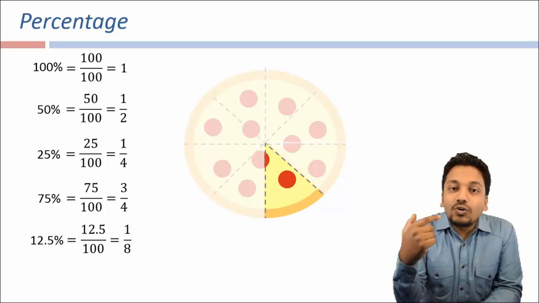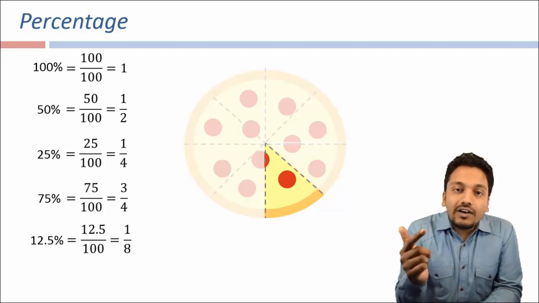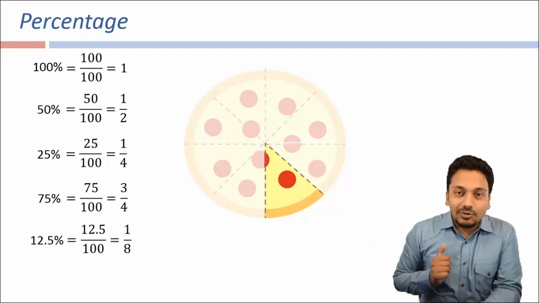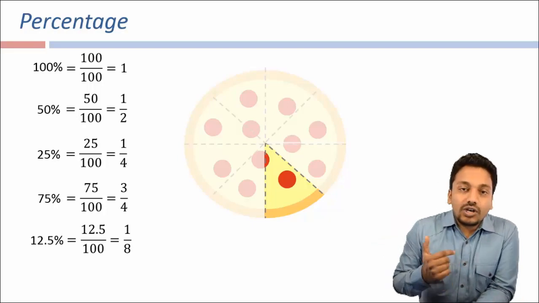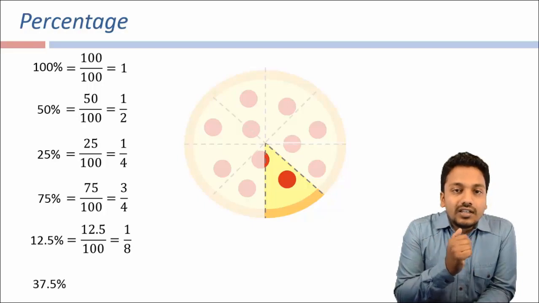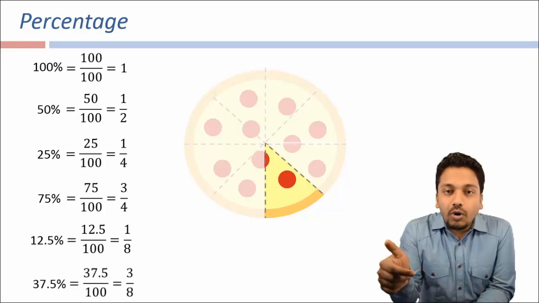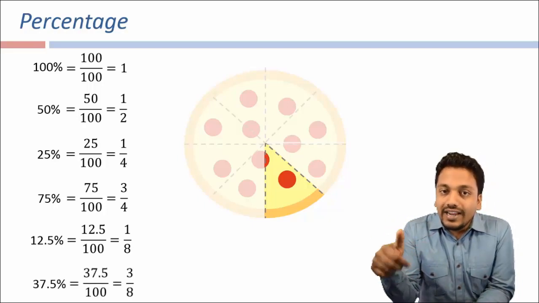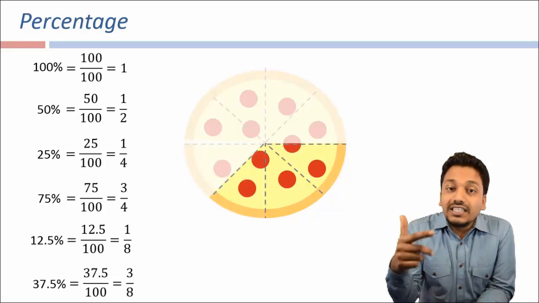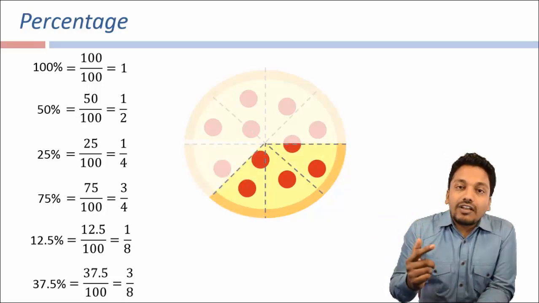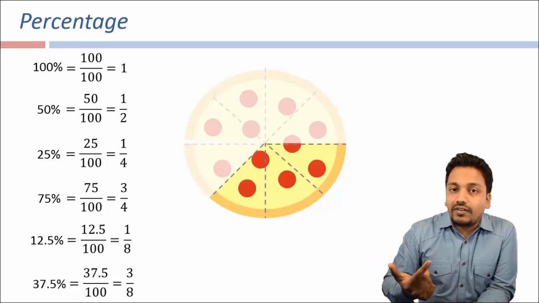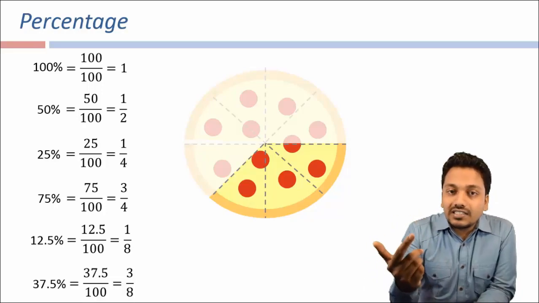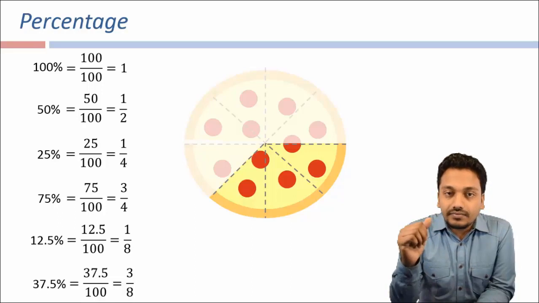So 1 part out of 8 would mean a fraction of 1 by 8. And let us talk about 37.5%. It would be 37.5 upon 100, that is 3 upon 8. 37.5 is 3 times 12.5, so if I have 3 such slices, these would represent the fraction 3 by 8.